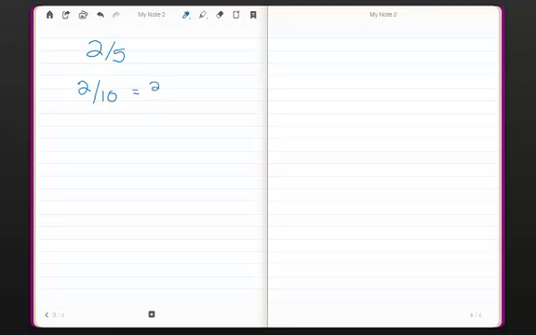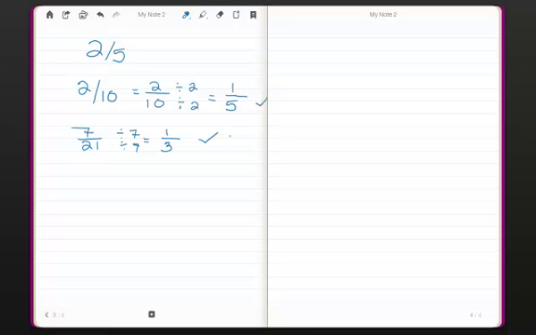If I divide the top and bottom by 2, I can reduce this fraction. 2 divided by 2 is 1, 10 divided by 2 is 5, so I get 1/5. Similarly, if I have the fraction 7 over 21, these both have the number 7 in common, so I can divide both top and bottom by 7 and get 1 over 3. So these fractions are simplified.